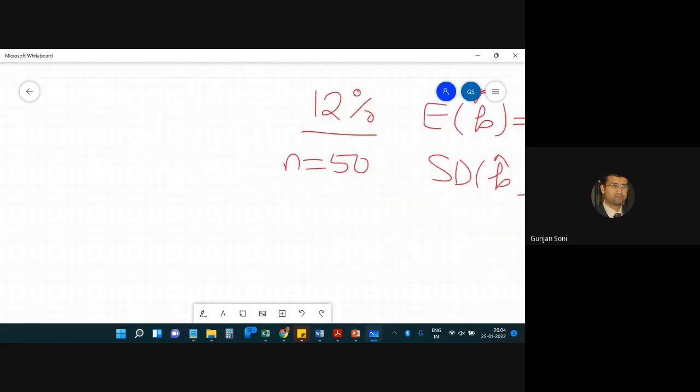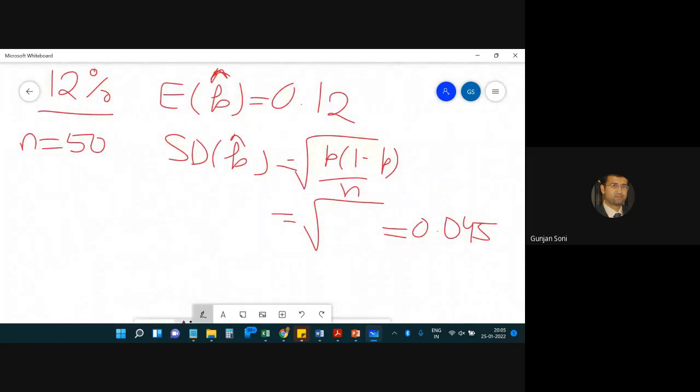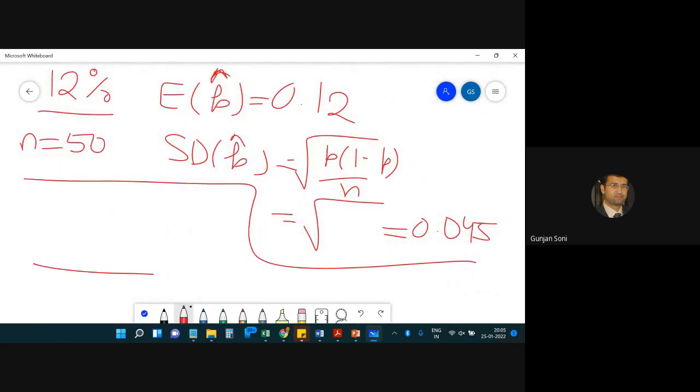Next, let's look at the question now. The question says, what is the probability that the sample proportion that are left-handed is less than 11%?